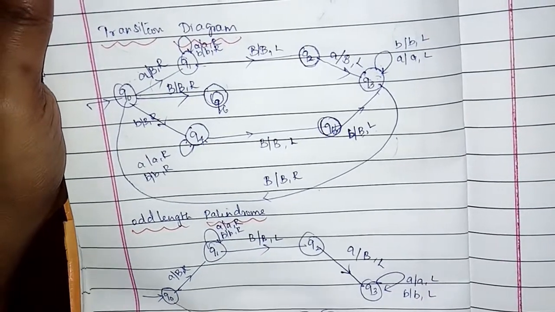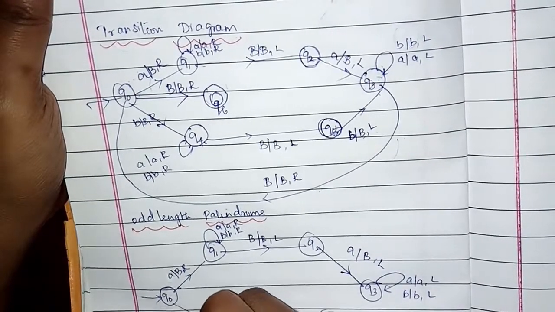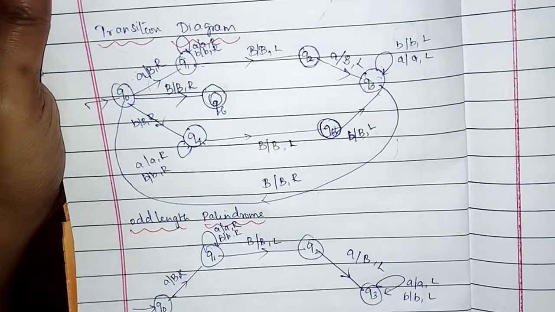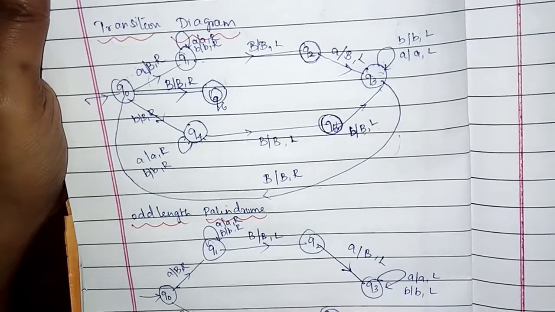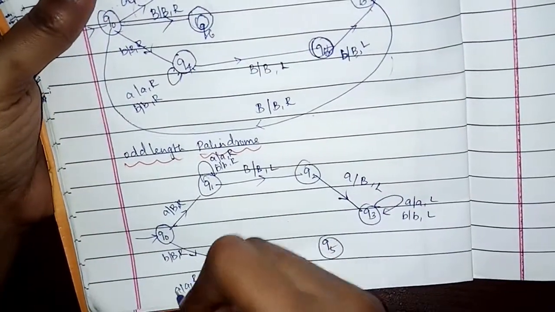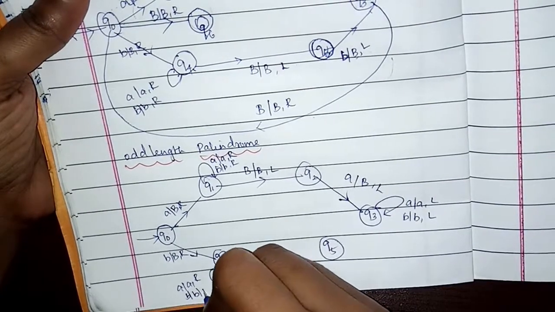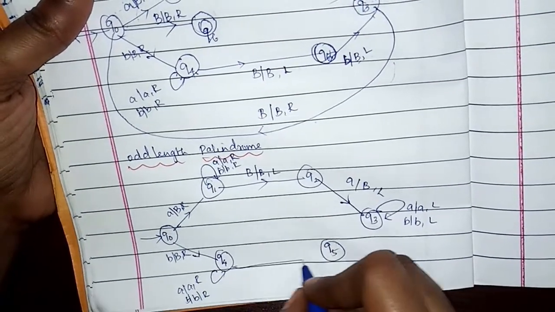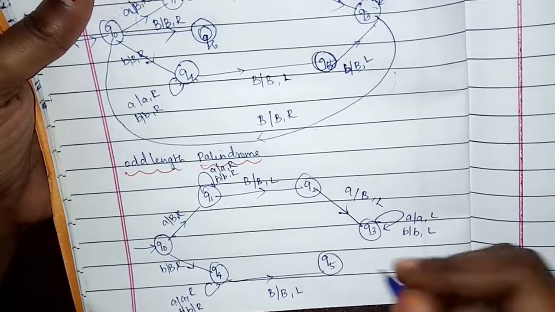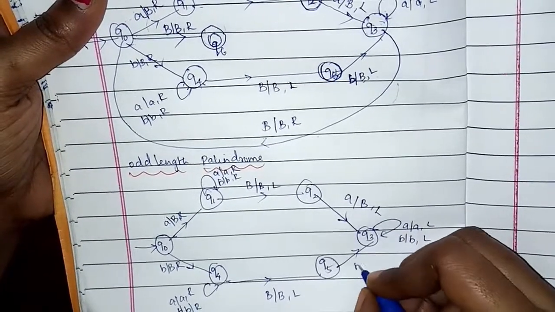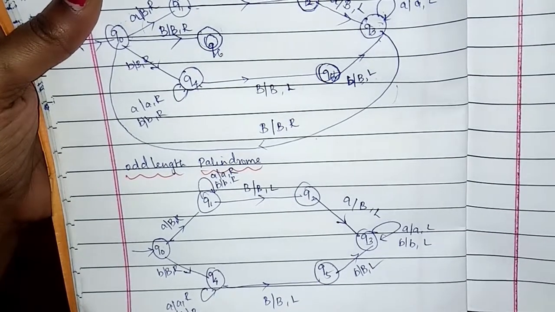Okay, again we'll have this B, left, right direction, and whatever A or A comes is going in the right direction. Whatever B or B comes, it is going in the right direction. And we'll have this B or B left direction, and probably you have to change this to left.